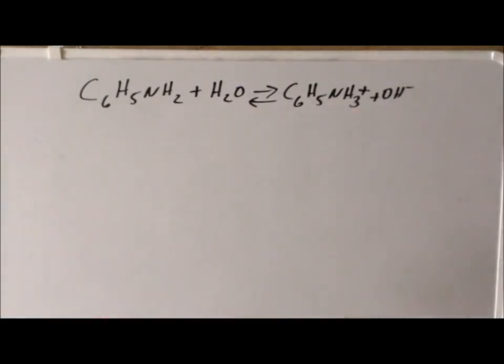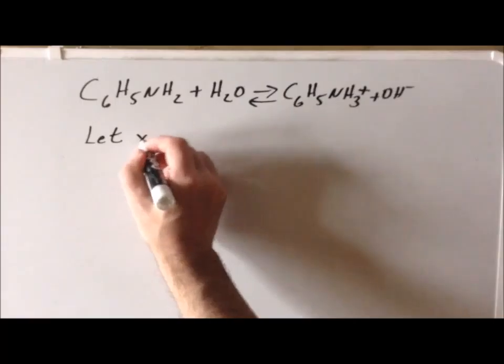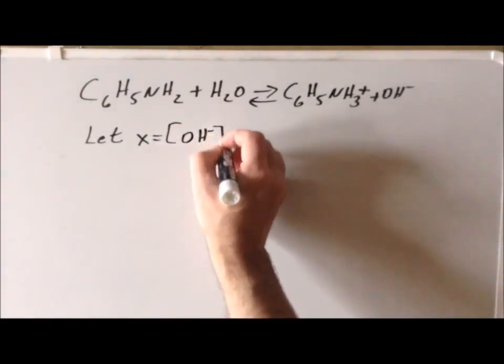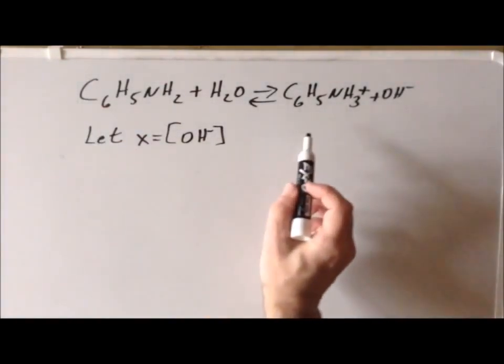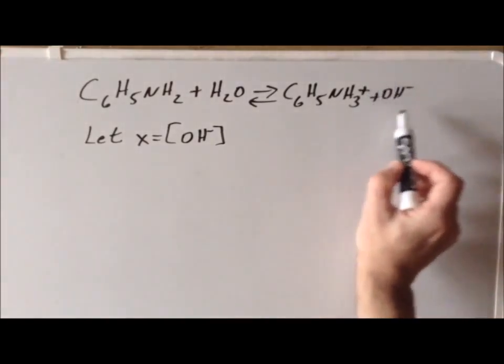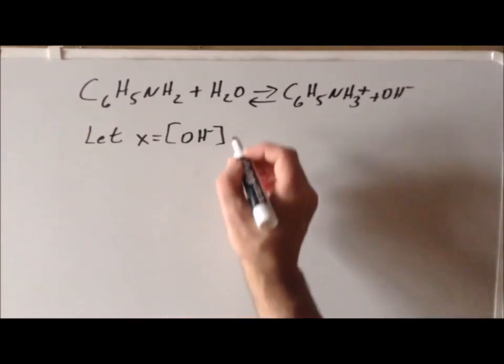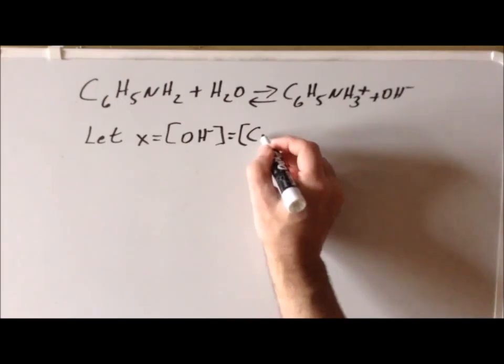And since it forms OH minus hydroxyl group, again we recognize that we have a base. So what we want to do in this particular case is to let X equal the equilibrium concentration of hydroxide ion. Now we also notice that whenever aniline dissolves in water, for every one hydroxide ion that forms, we also form one anilinium ion. So we can also use X to represent the concentration of the anilinium ion.